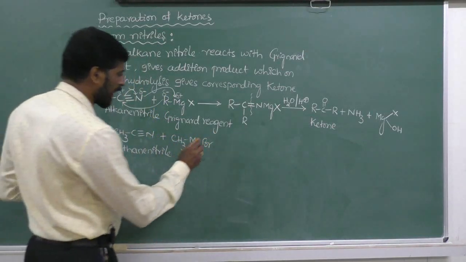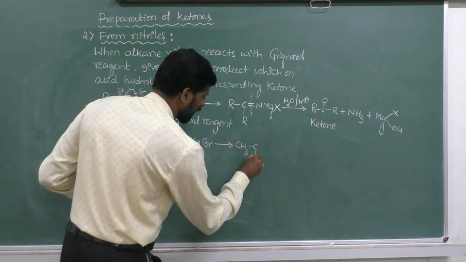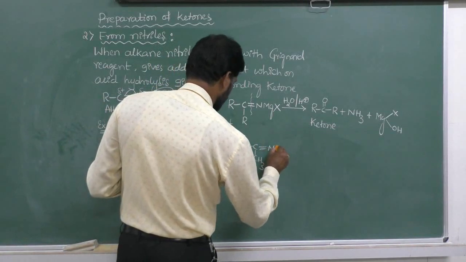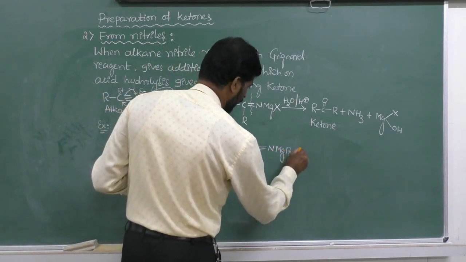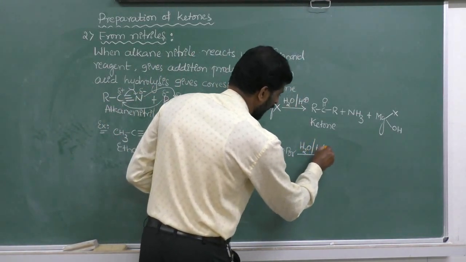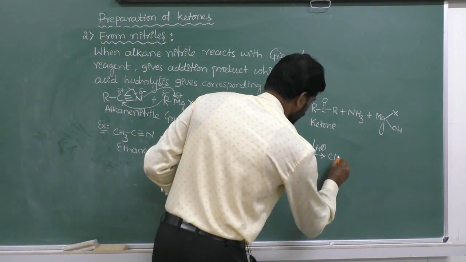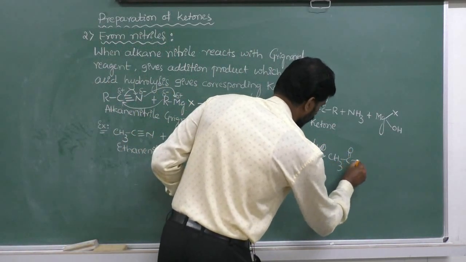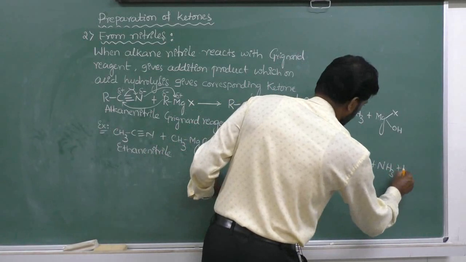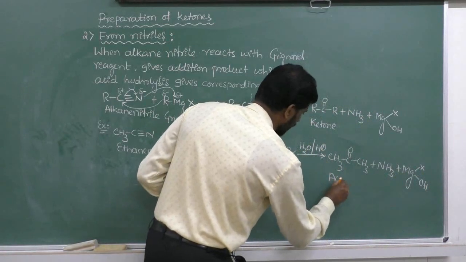Methyl magnesium bromide leads to the formation of CH3 C double bond N MgBr, which on acid hydrolysis (H2O, H plus) leads to the formation of CH3 CO CH3 plus ammonia plus MgXOH. So this is nothing but acetone.